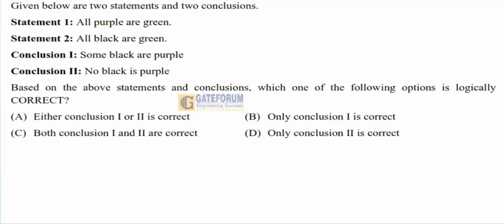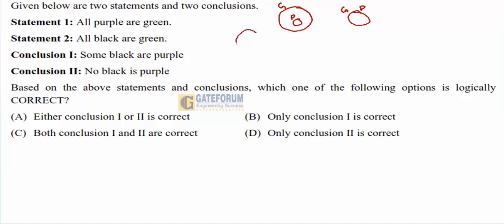Let's go on to the next one. Given below are two statements and two conclusions. All purple are green. See, this is purple, this is green. And all purple are green can also be like this. All black are green.